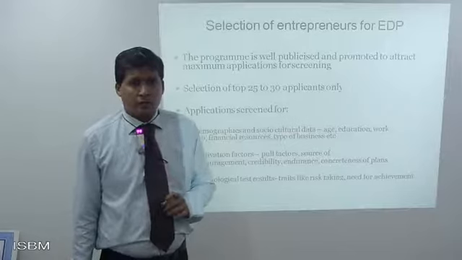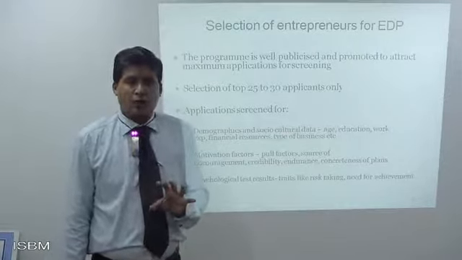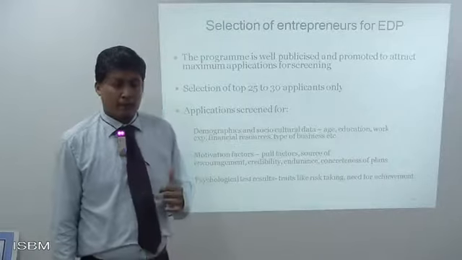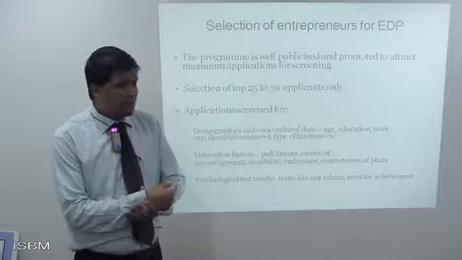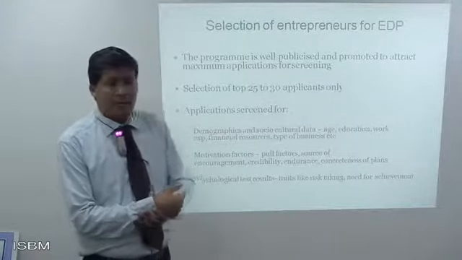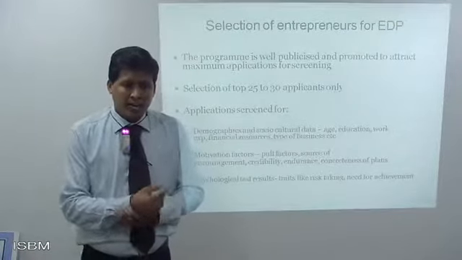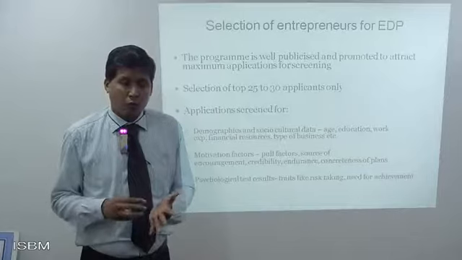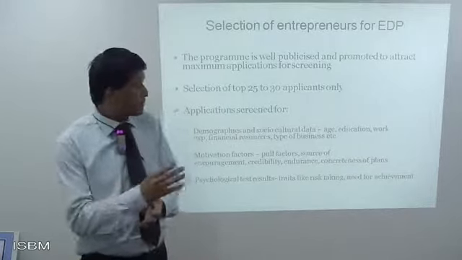Selection of entrepreneurs for EDP. How do the bodies select entrepreneurs for development programs? The program is well publicized and promoted to attract maximum applications for screening. So first it is advertised well, so entrepreneurs of the region are aware that such and such a program is happening.